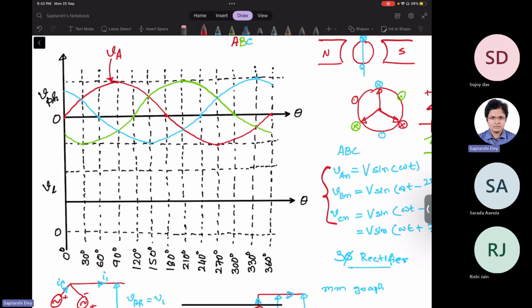So VAB will have its peak 30 degree earlier, so 60 degree. So VAB will have its peak here. Now we can find out the other things. Simply keep on adding 90. So 60 plus 90 is 150, plus 90 is 240, plus 90 is 330, plus 90 is 420, which is 60 again. So I'll quickly draw.